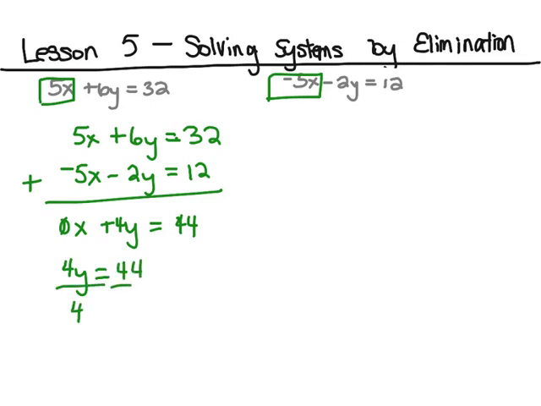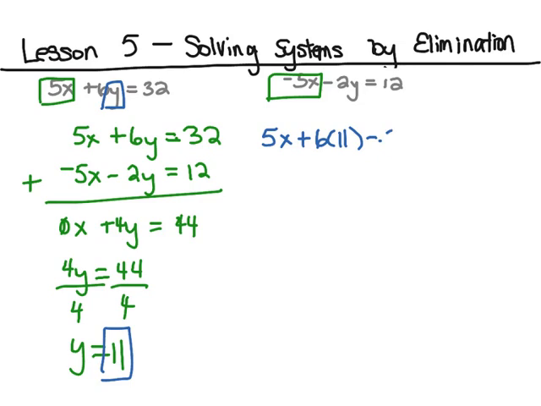Divide both sides by 4, and y is equal to 11. Now we're going to substitute 11 in for y. So 5x plus 6 times 11 is equal to 32. 5x plus 66 is equal to 32.